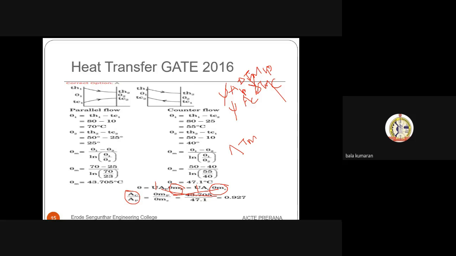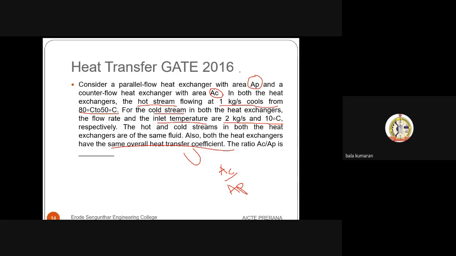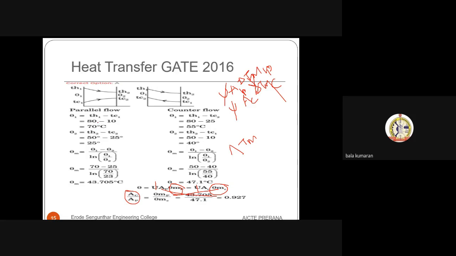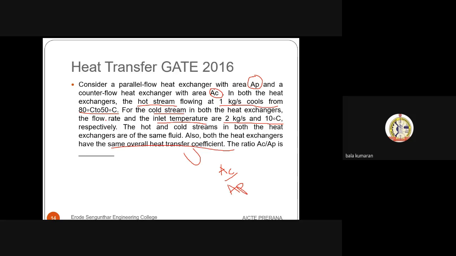They have given you three temperatures, right? One is 80, 50 and 10 degrees Celsius. 80 is here, 50 is here and 10 is here. Is there another temperature given here? No, there's no temperature.